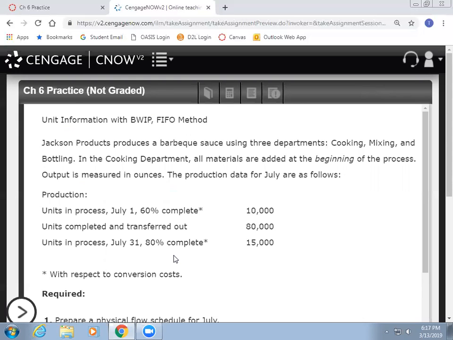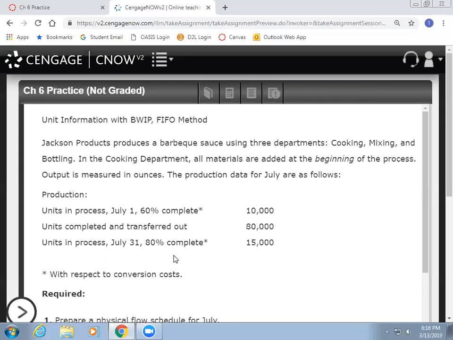With FIFO, whatever's already in beginning work in process, we don't want to count those unit costs, because we just want to look at this period's costs. So we want to get rid of any costs that came from last period. We're excluding beginning work in process, which results in more accurate costs in the current period.